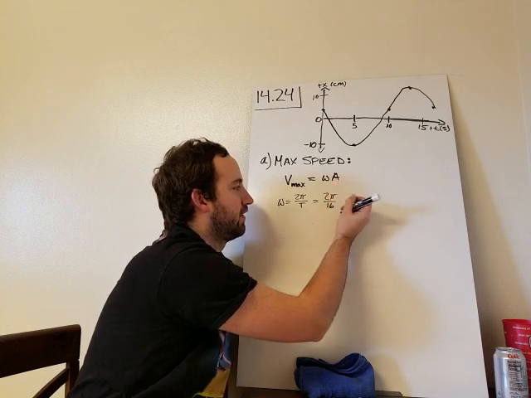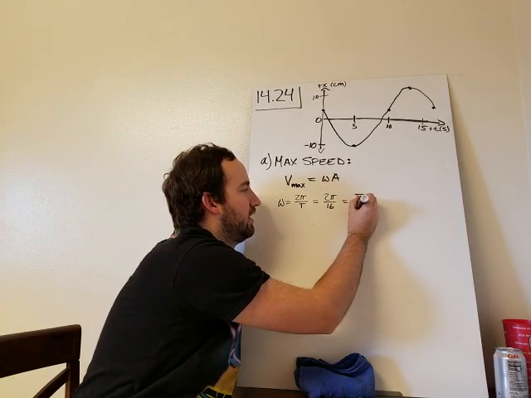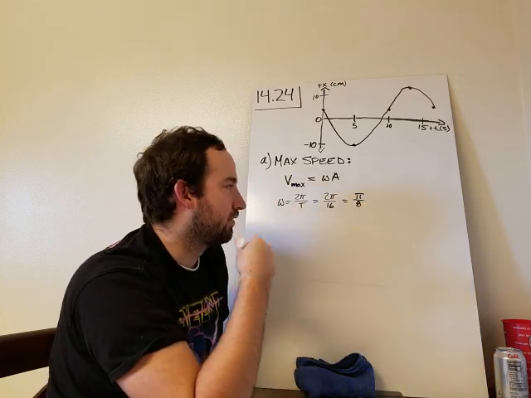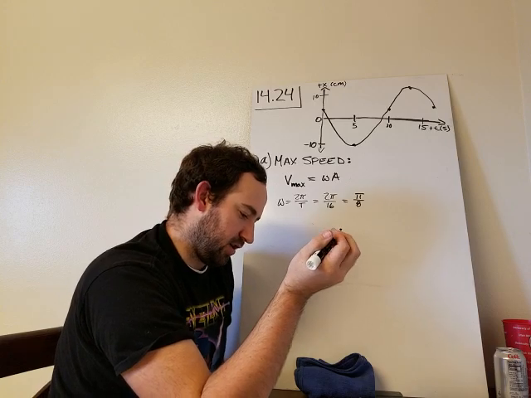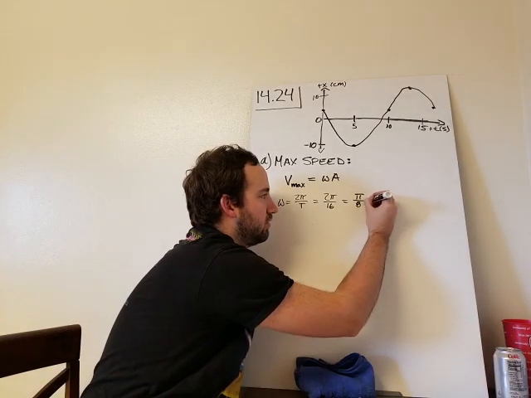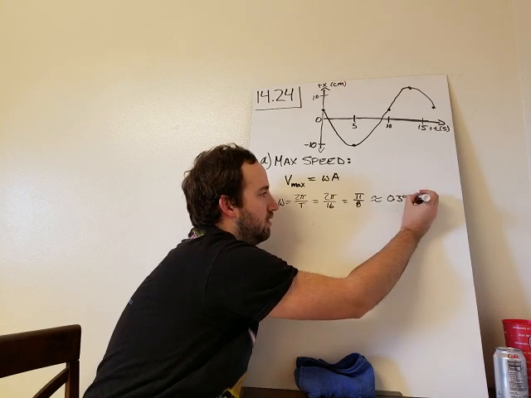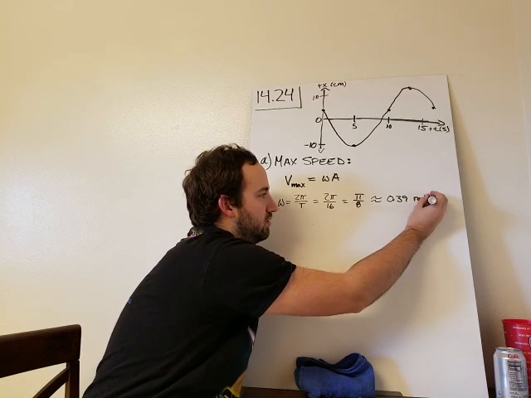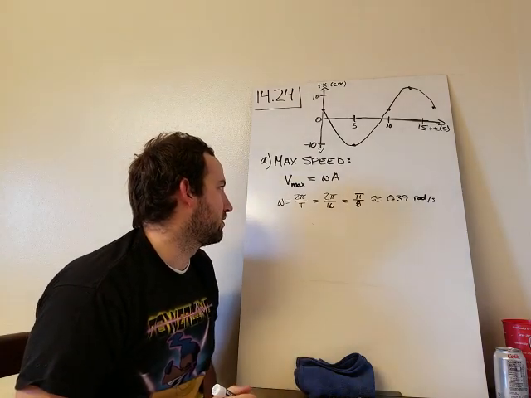If we simplify the fraction, we'll get pi over 8. Now, if we want to simplify this even more, we can put it in our calculator and we get that to be about 0.39 radians per second. So that's our angular frequency.